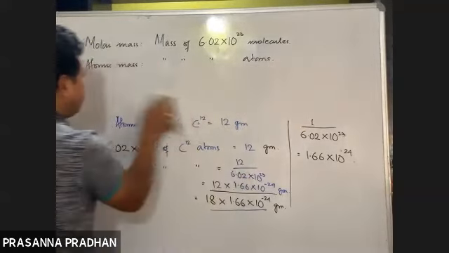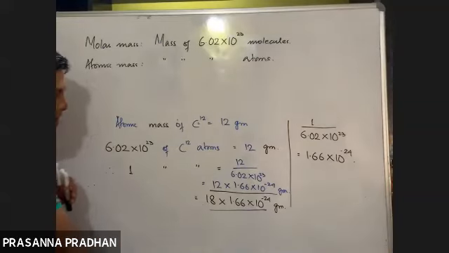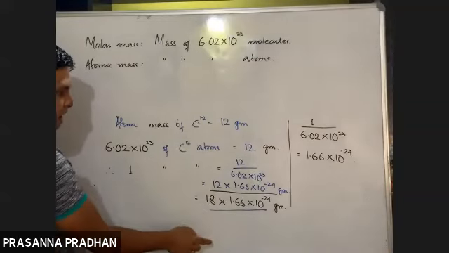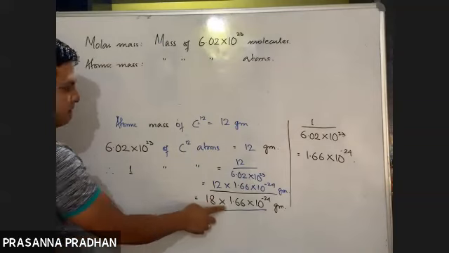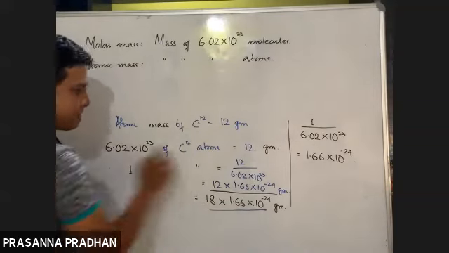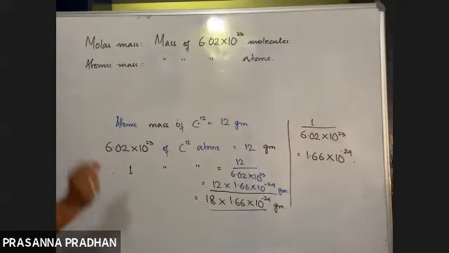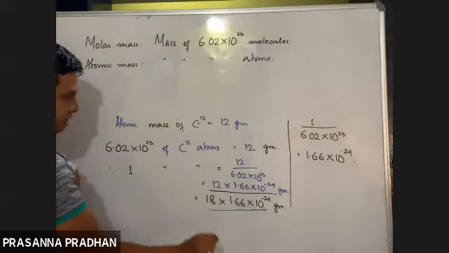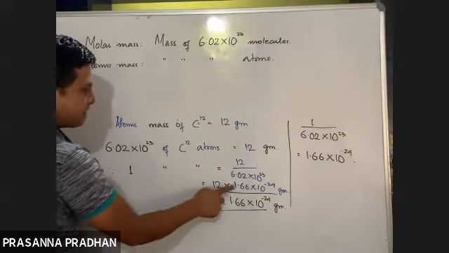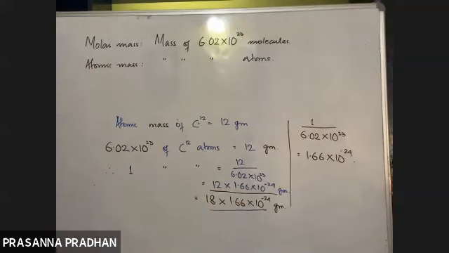In order to calculate the mass of water molecule, we multiplied molecular mass of water by 1.66 into 10 to the power minus 24. And to calculate the mass of an atom, we multiplied atomic mass by the same number. So we can generalize a formula from here.